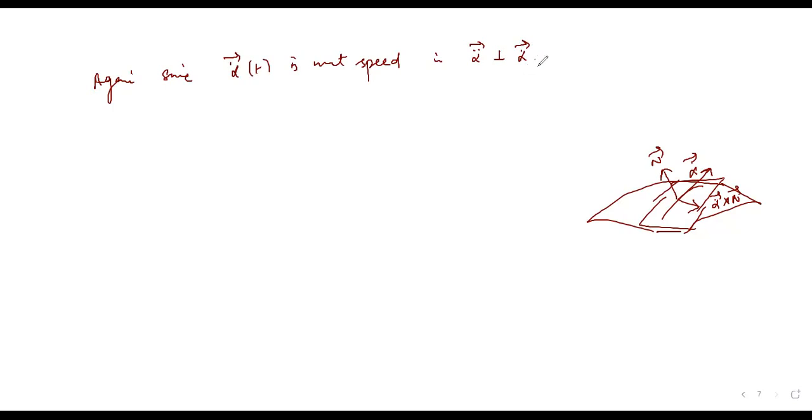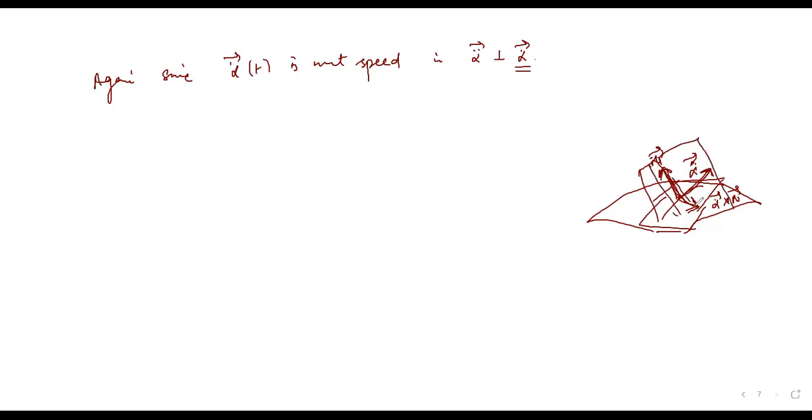And because these vectors form a basis, anything that is perpendicular to alpha dot must lie in the plane determined by alpha dot cross N and N. So everything that is perpendicular to this vector must lie inside this plane.